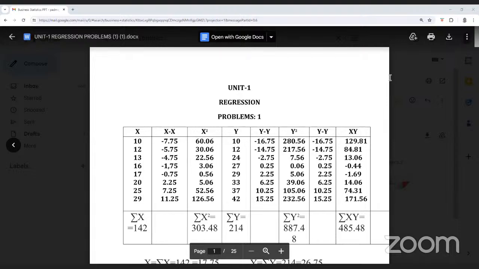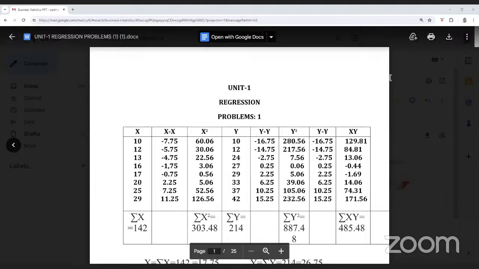Ma'am, good evening. Will you please repeat the point of dependent and independent? Here in regression, there will be two variables. One is dependent, the other one is independent.